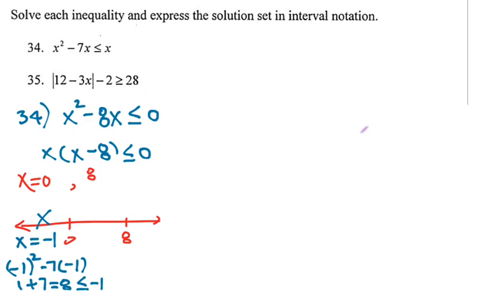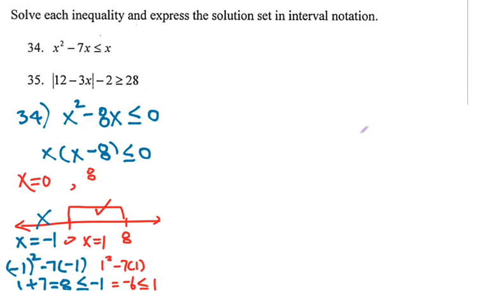On the other hand, if you plug in a number between 0 and 8, such as x equal to 1, then we get 1 squared minus 7 times 1. We'll end up getting 1 minus 7, which is -6. Is that less than or equal to 1? Yes, it is. So we know that this one works. For the third portion, you can check it one more time, but you will realize that the third interval resembles the first interval here. So our answer would have been the one in the middle.